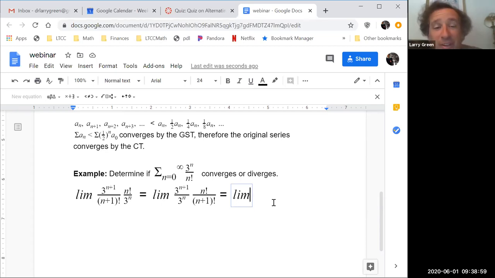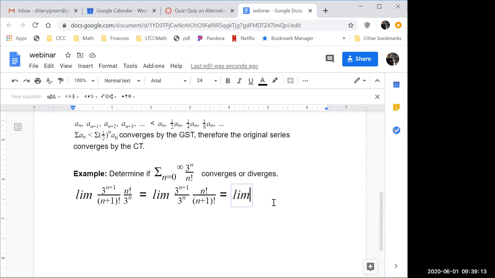Right? Rule of exponents says you subtract. What's n plus 1 minus n? I hope that one you can do in your head. n plus 1 minus n is 1, right? Yeah. So 3 to the 1 is just 3. I'm going to write as a fraction now.